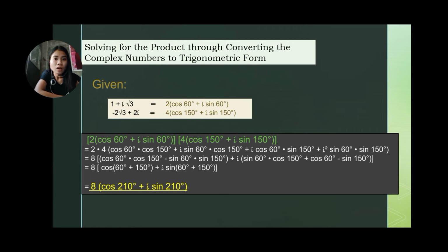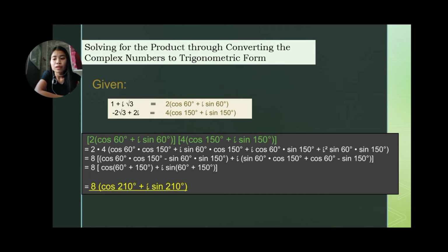Then cos 60 degrees times cos 150 degrees plus i sin 60 degrees times cos 150 degrees plus i cos 60 degrees multiplied by sin 150 degrees plus i squared sin 60 degrees times sin 150 degrees. Then we have 8 for 2 times 4 is equal to 8, and cos 60 degrees times cos 150 degrees minus sin 60 degrees times sin 150 degrees plus i times the quantity of sin 60 degrees times cos 150 degrees plus cos 60 degrees times sin 150 degrees.